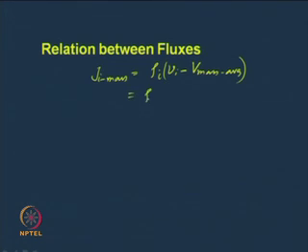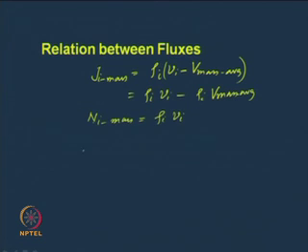So, N I mass we know is rho I V I. So, J I mass is equal to N I mass minus rho I V mass average.